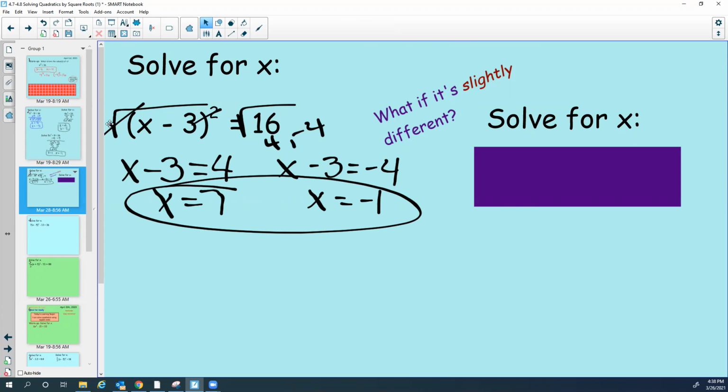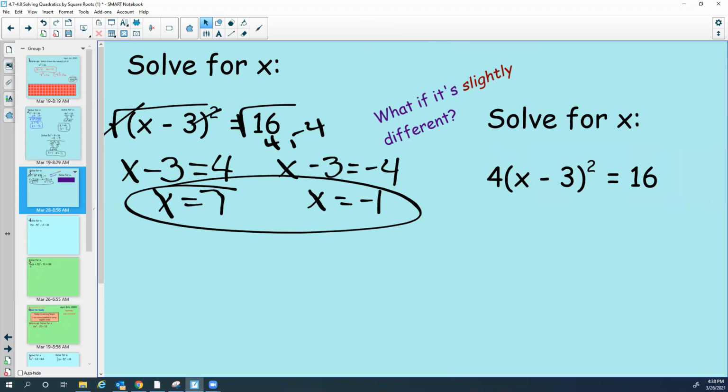All right, let's make this slightly different. This time I have 4 times x minus 3 squared equals 16. All right, well, I don't know if I want to do a square root quite yet. I want to deal with what's outside that parentheses first until that x minus 3 squared is all that's left on the left side. So how can I get rid of that 4? Divide by it.